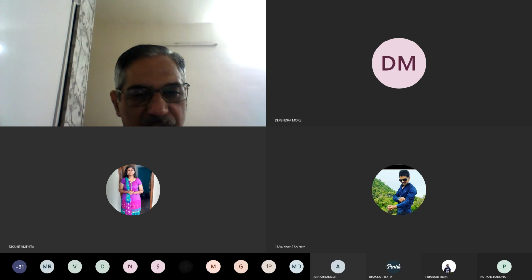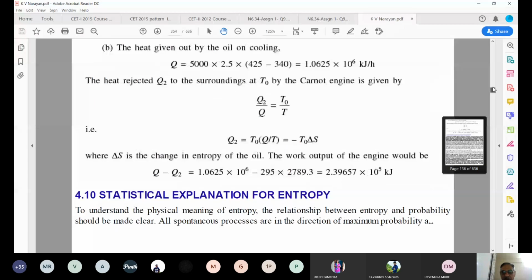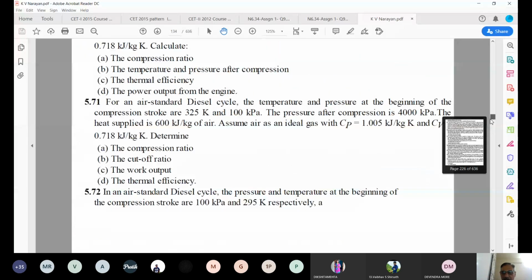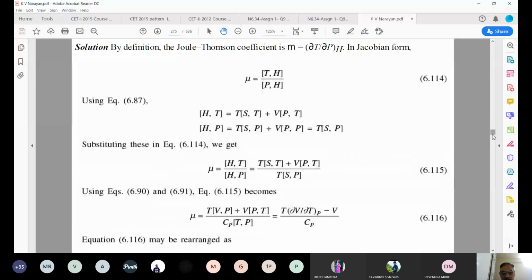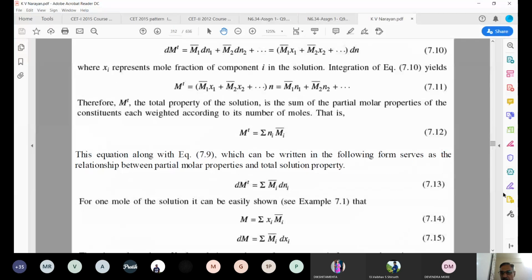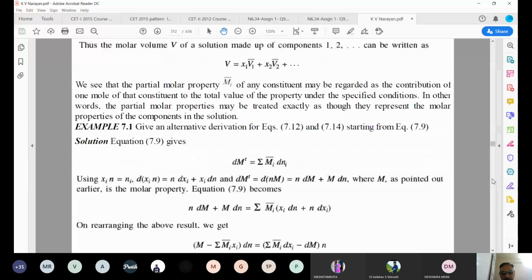If there is difficulty, you can ask me. There are many solved examples in this book, and many times solved examples themselves come in the exam. So I'll not spend too much time on solved examples. We'll see some of the unsolved examples.